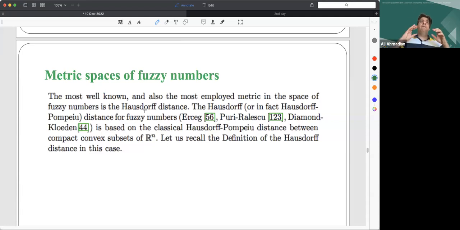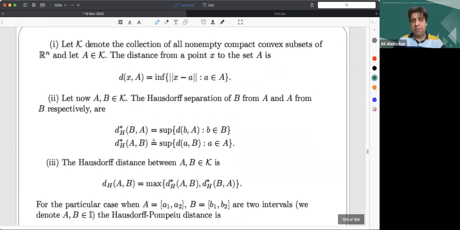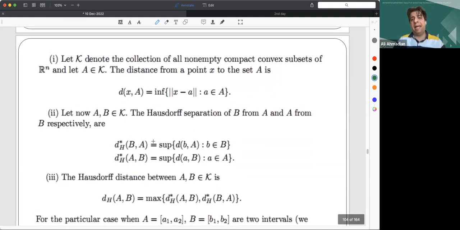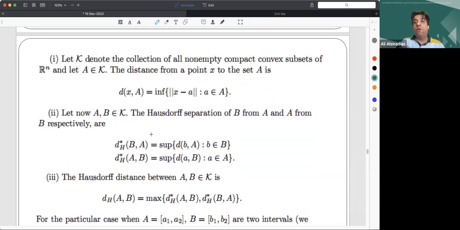And then they say that we have this Hausdorff distance for fuzzy numbers. But the important thing is: what is this Hausdorff distance that we try to define as a metric for our fuzzy numbers?